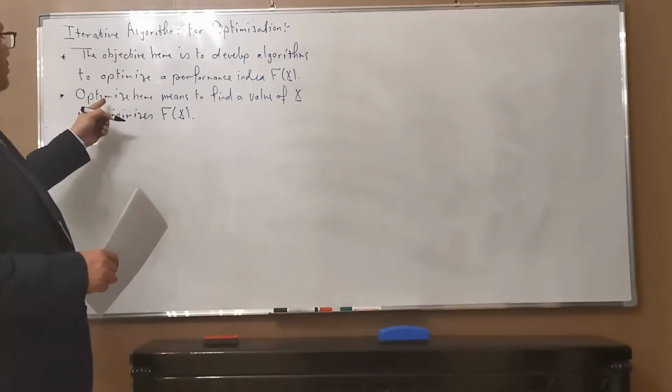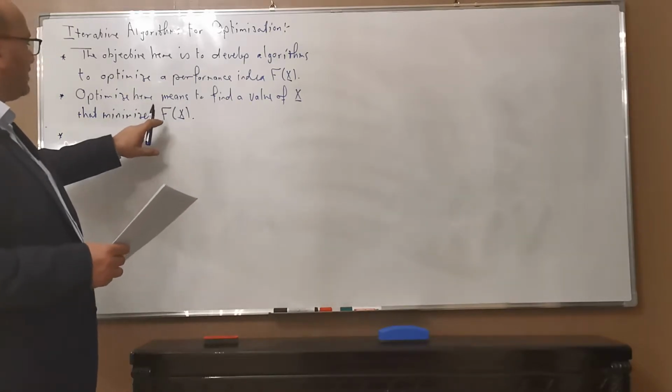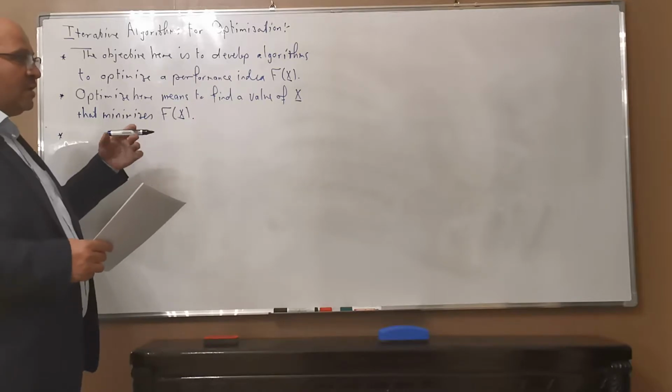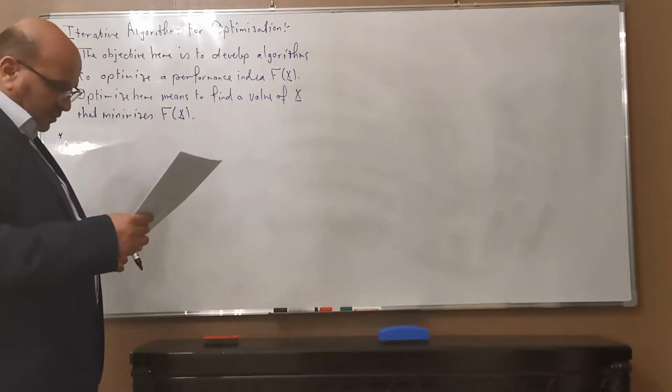So we're trying to optimize here to minimize. Maximize, we discussed it before. You can multiply the function by negative sign and then you minimize the negative, which is the maximization. So you can do that.